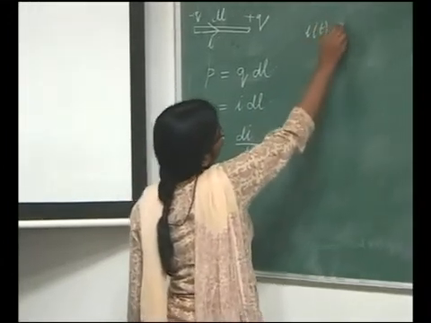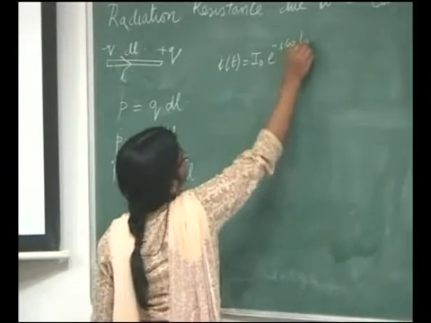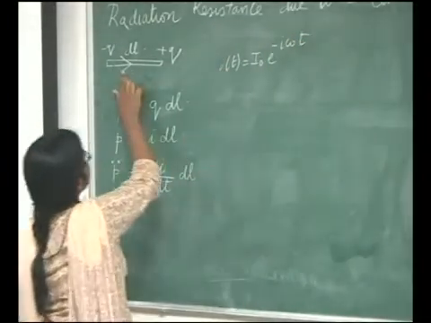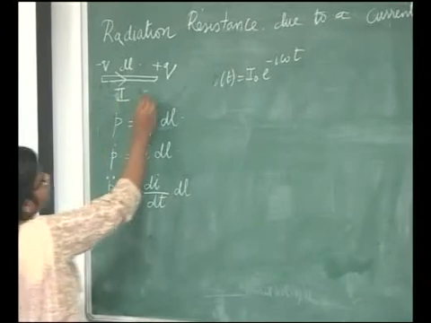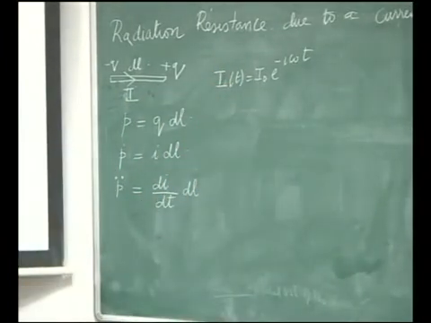Now, if I assume that I(t) is of the form I0 e to the power minus i omega t, let me say this is capital I, because otherwise we will get confused with the small iota there.